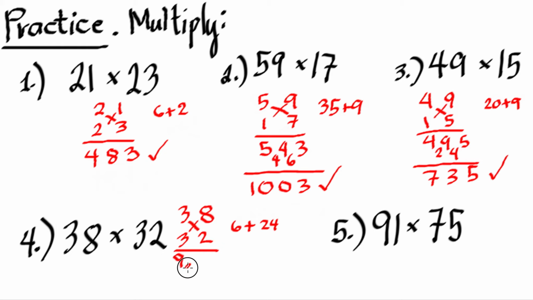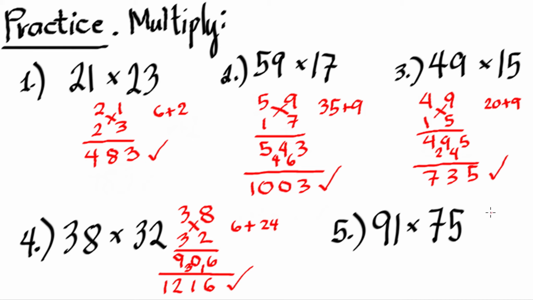We'll put 3 here as a carry to the hundreds place, and we put 0 here on the tens place. And then lastly, vertically, 8 times 2 is going to give us 16. And then let's fix the carries. We have 9 plus 3 is 12. 0 plus 1 is obviously 1, and then we have 6 here. And that's our answer. If you multiply 38 times 32, that's going to be 1,216.